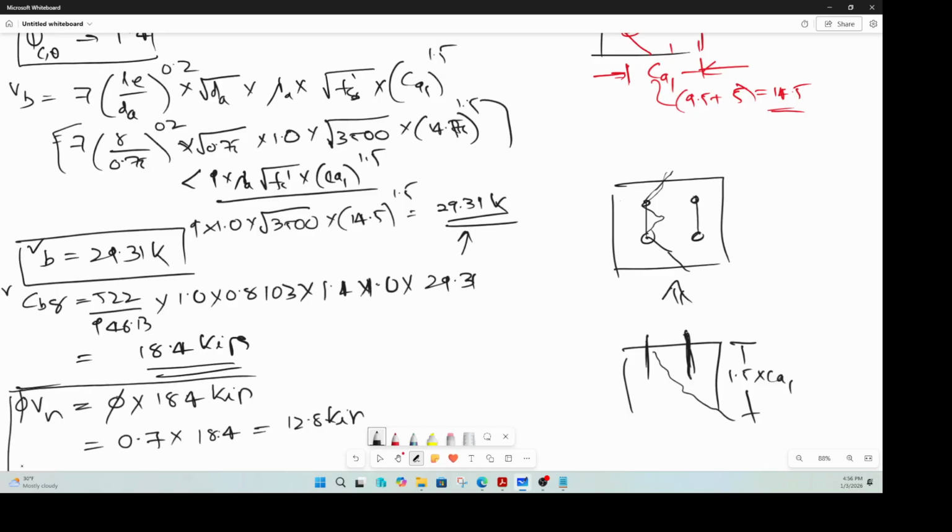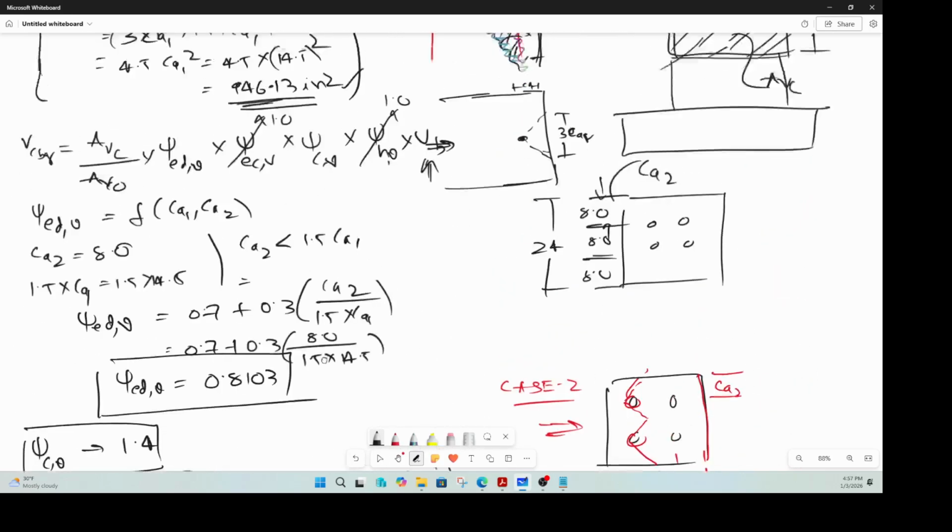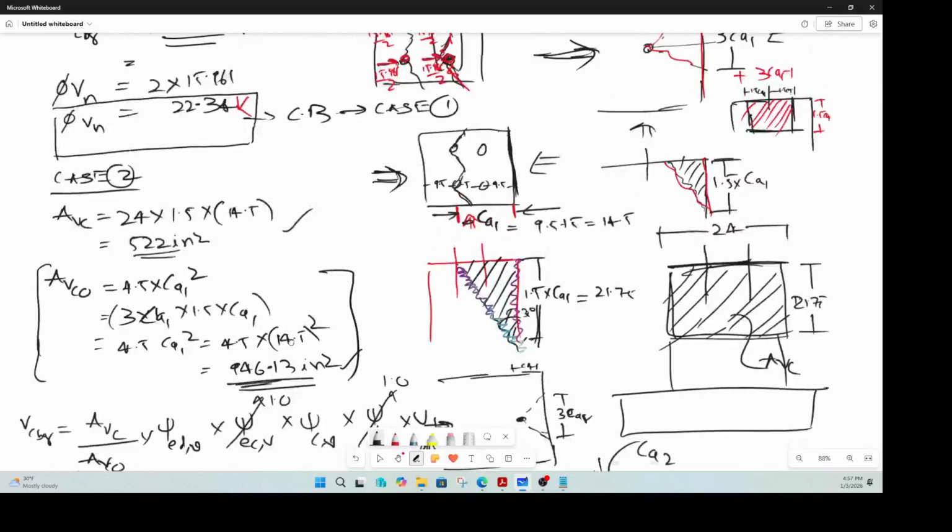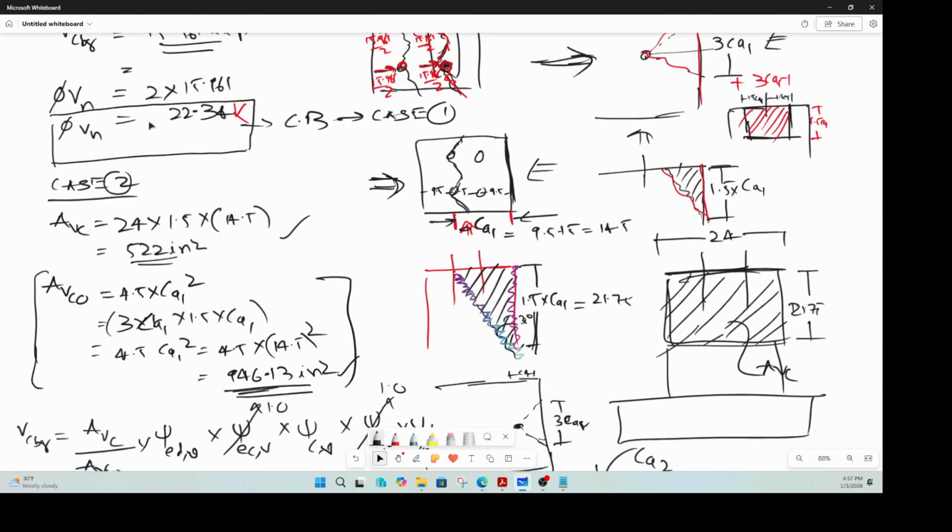I think that is the lowest that we have seen. So 12.8 kips is the lowest yet, because if you go to your case 1, your Vn was like 22.34, right?